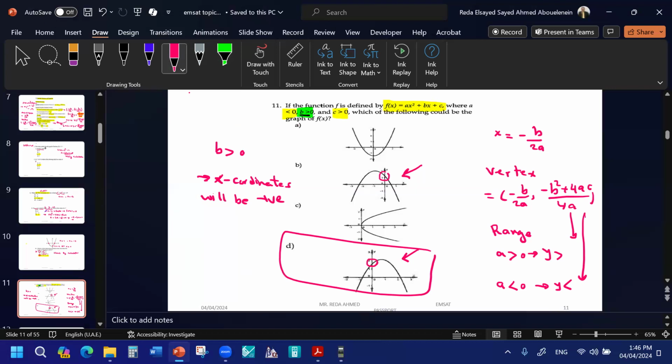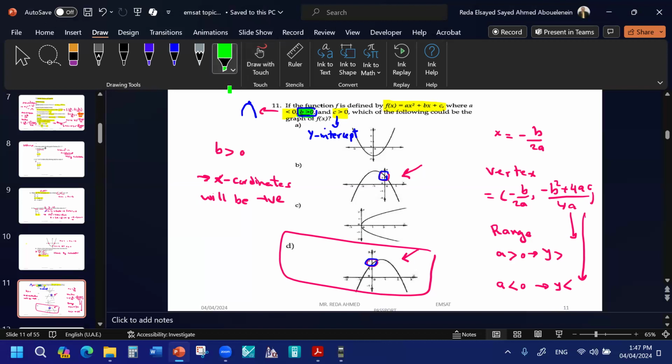So we see that a less than 0 means the graph will be drawn like that. And c means the y-intercept will be positive, here positive, and here as well positive. So what is the meaning of b greater than 0?